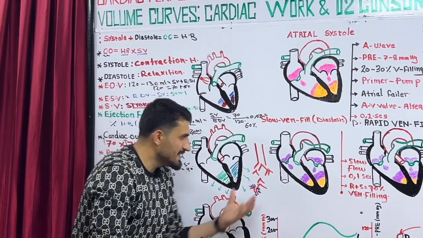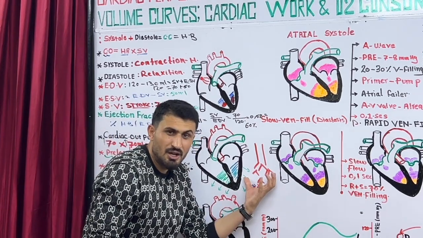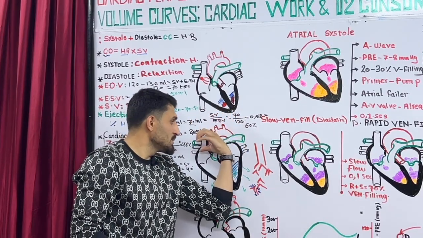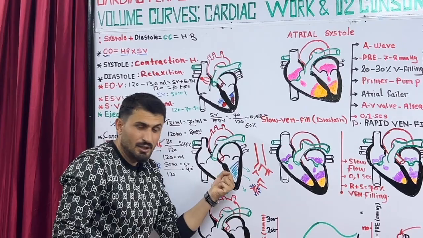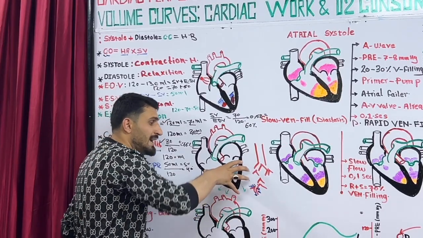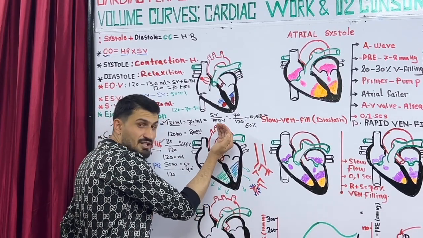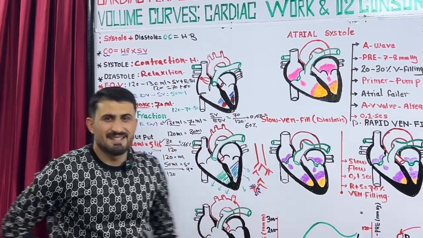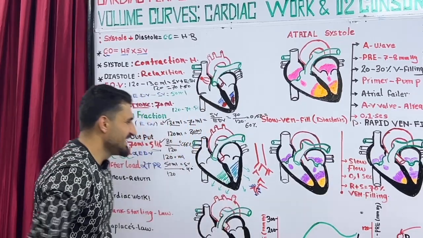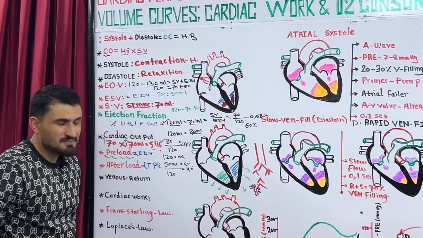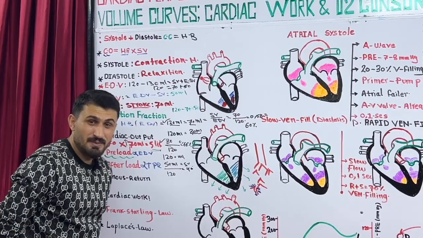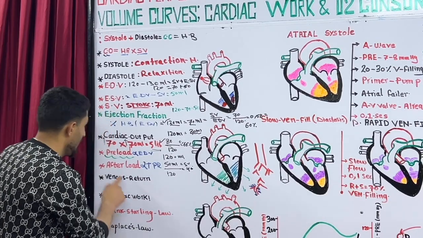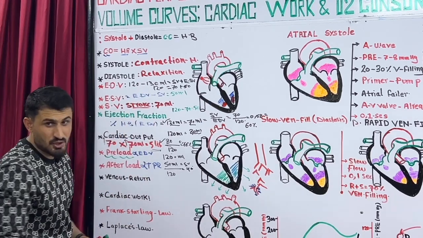It means all the resistance in all the arterioles of the body, combined, they put pressure on the heart during systole. So during systole, the heart tries to increase its pressure to overcome this resistance. Got it? This is very important in hypertension and during treatment of cardiac diseases like hypertension, heart failure, and so on. That's why these concepts and these parameters are so important.